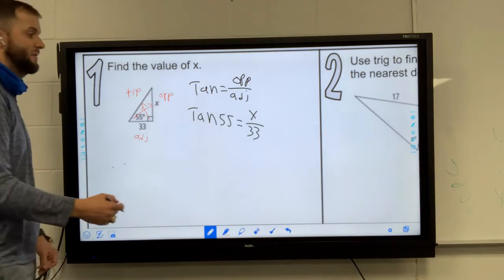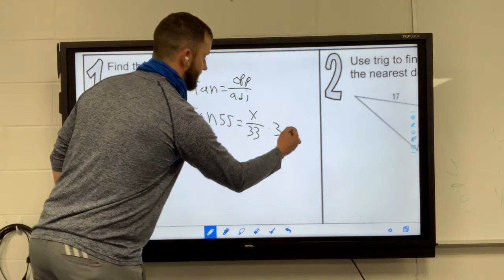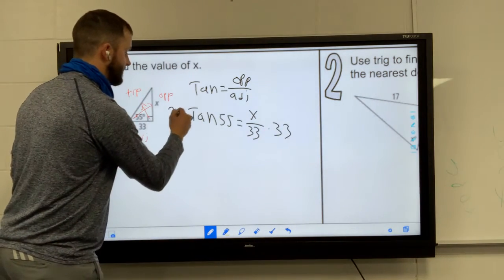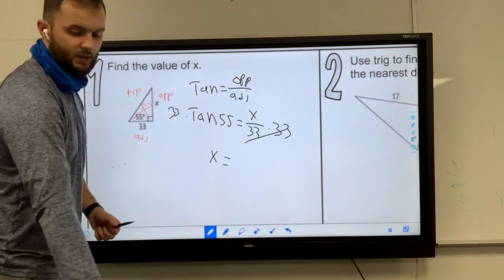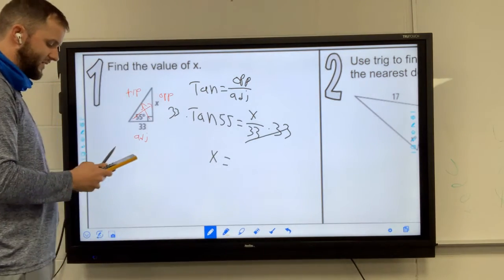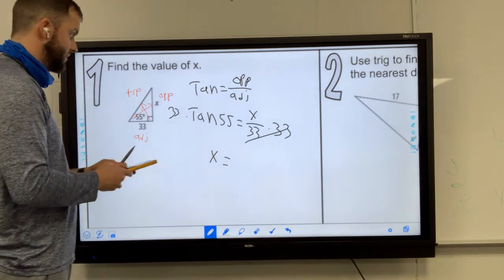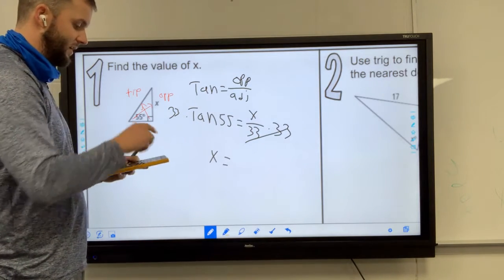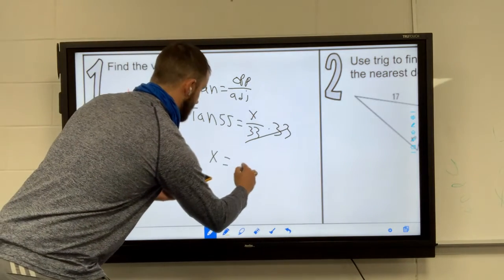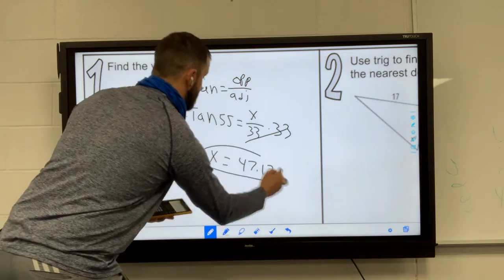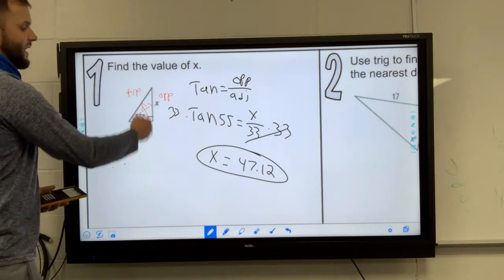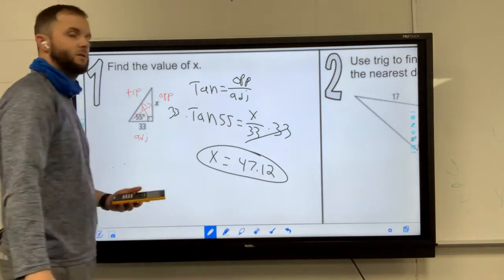To get x by itself, I have to multiply by 33 on both sides, so this is going to cancel. So x is equal to 33 times the tangent of 55 in your calculator. When you click enter, it gives you 47.12. So ladies and gentlemen, the measurement of this missing side is 47.12.